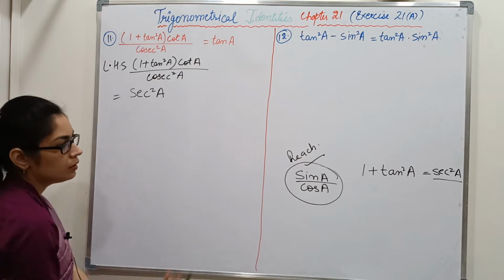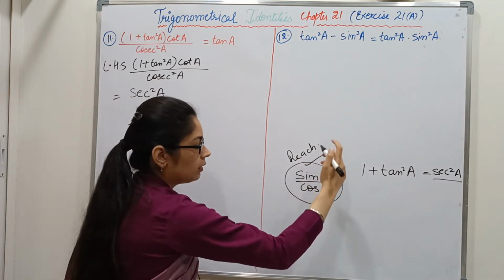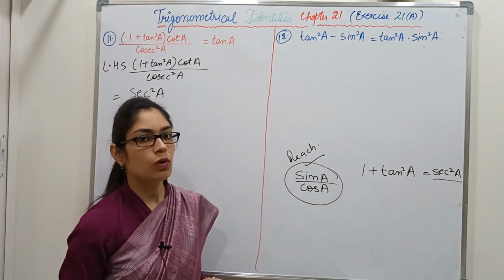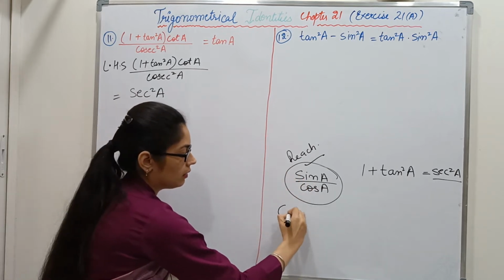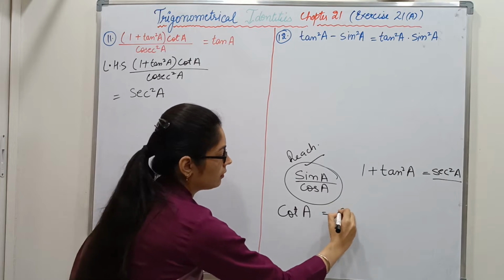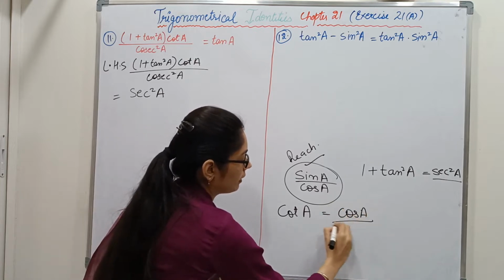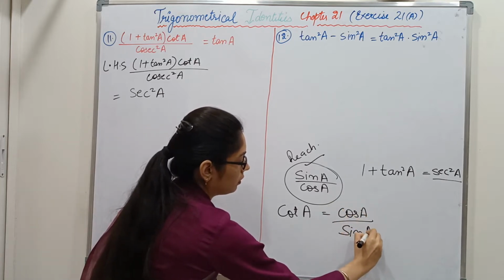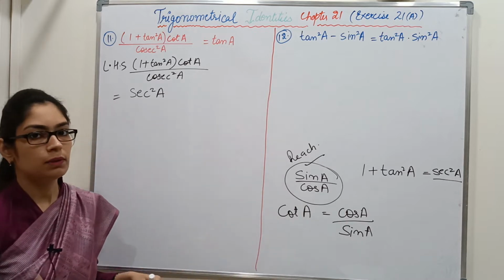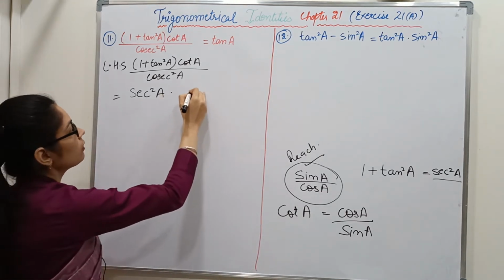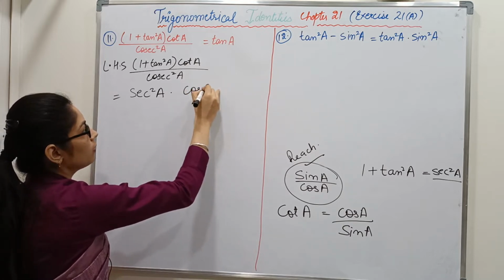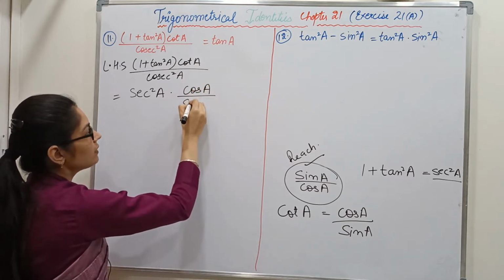If tan is sin by cos, then cot, which is a reciprocal of tan, is cos by sin. Because tan and cot are reciprocals of each other. Then in place of cot, I'll write cos A by sin A.